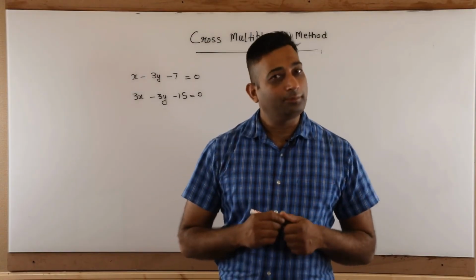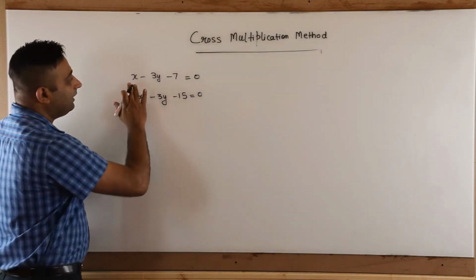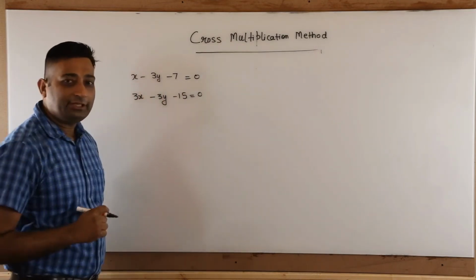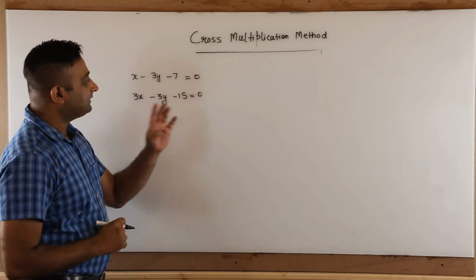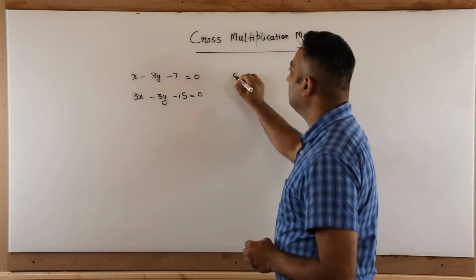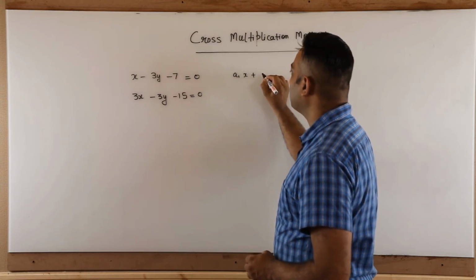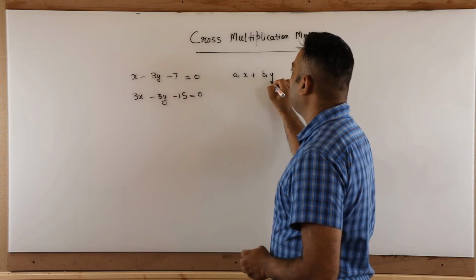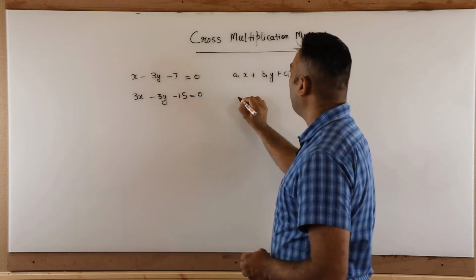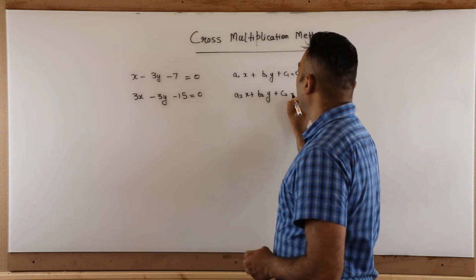Now let us solve one problem based on the cross multiplication method. The equations are x minus 3y minus 7 equal to 0 and 3x minus 3y minus 15 equal to 0. We can easily compare these equations with the standard forms, those are a1x plus b1y plus c1 equal to 0 and a2x plus b2y plus c2 equal to 0.